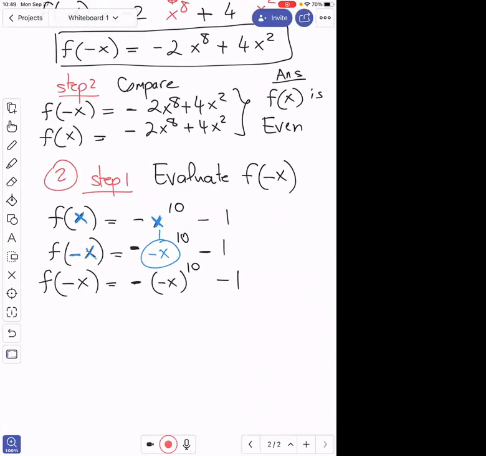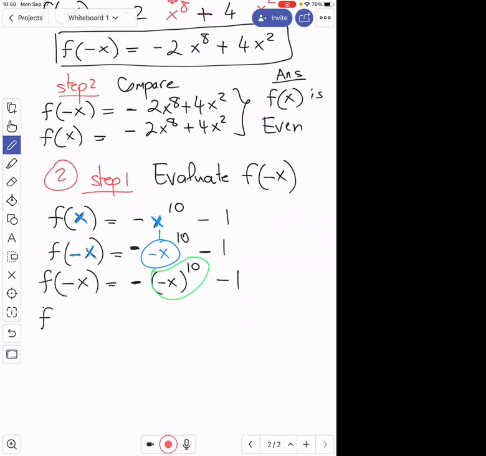Now negative x to the power 10 is like negative x multiplied by itself 10 times, and because the power is even, you end up with plus x to the power 10.